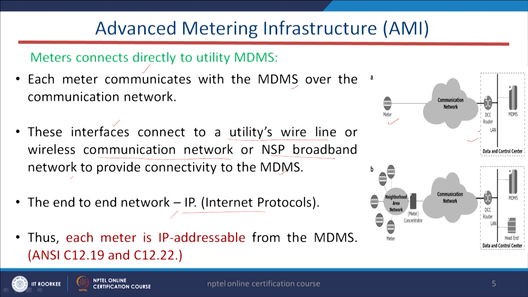Now, see, in this case each meter is assigned one particular IP address, and those rules are written in the standards ANSI C12.19 and C12.22. So, these are the two standards where everything is written, how the meters are going to be connected to the utility side MDMS.